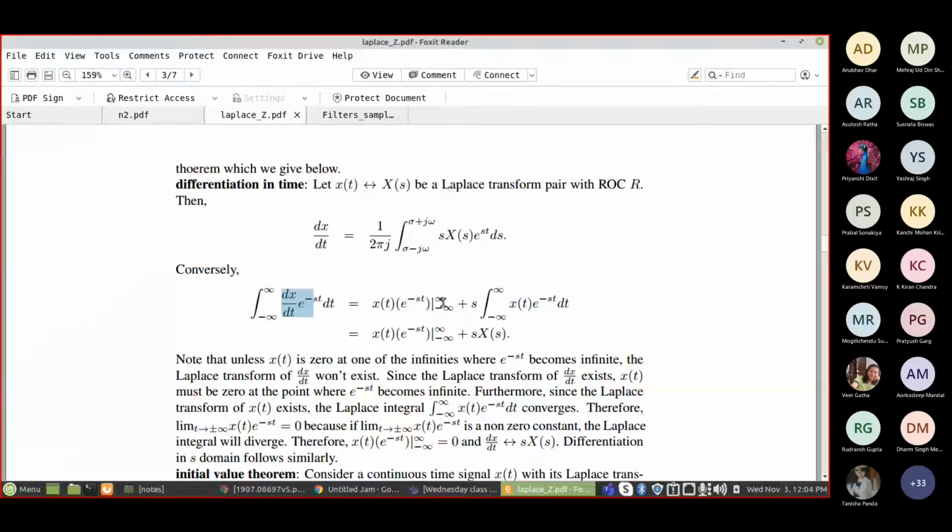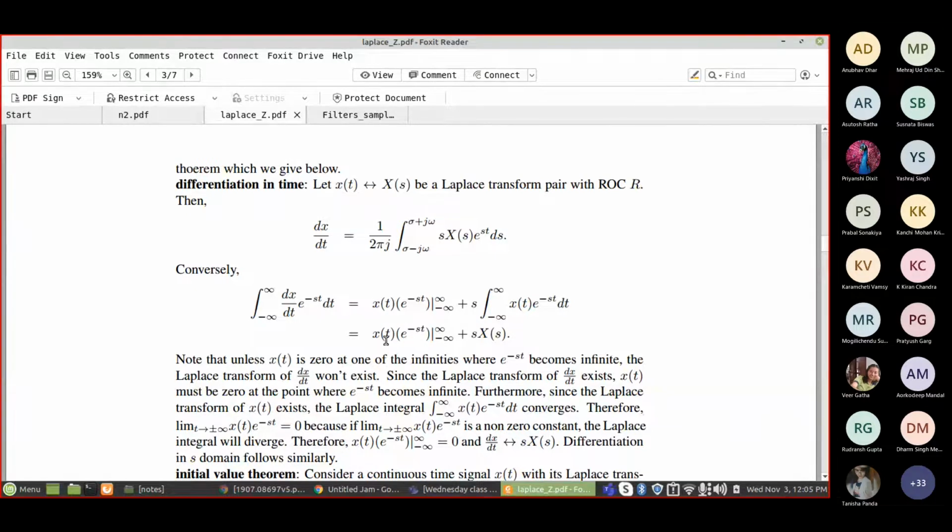When we expand this out, we get these two terms. The exponential vanishes at one of the extremes depending on the sign of s, and it goes to infinity at the other extreme. Since this integral exists, this quantity cannot go to infinity. So we said that at that extreme where this shoots off to infinity, x(t) must go to 0.